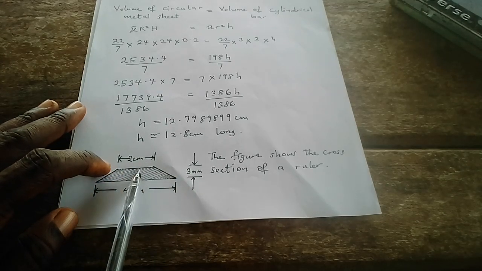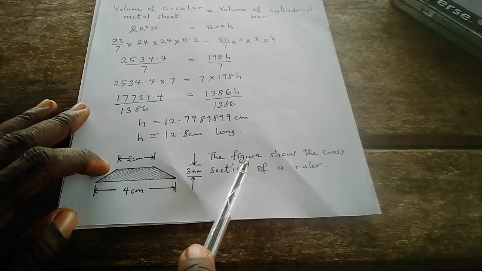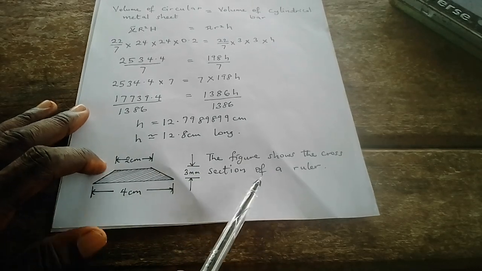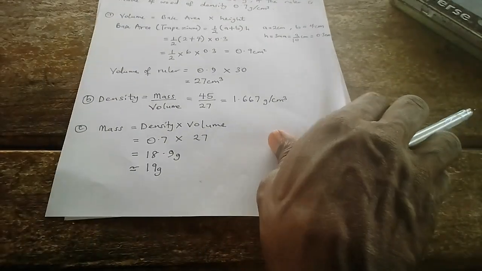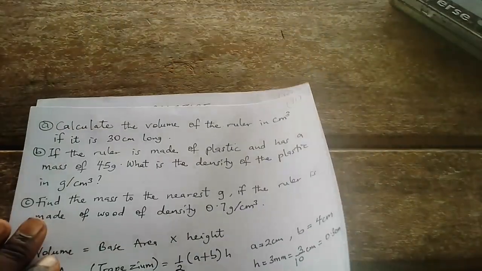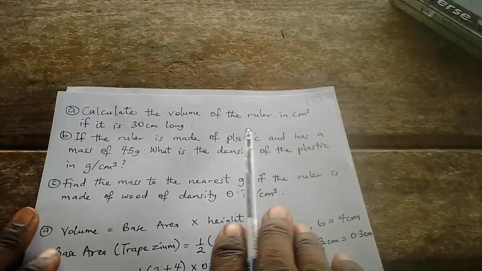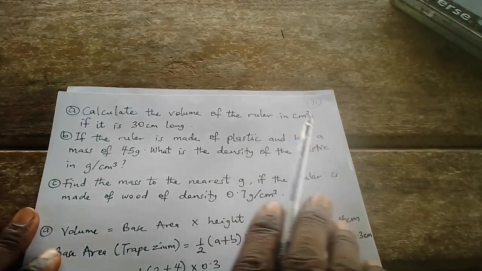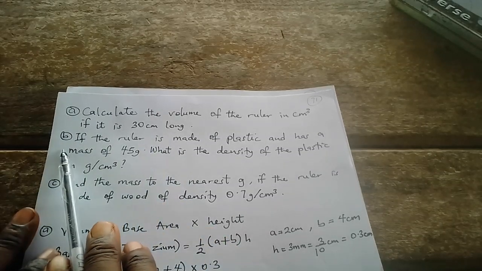Then this is the vertical, which is 3 millimeter. The figure shows the cross section of a ruler. So they now say A, calculate the volume of the ruler in centimeter cube if it is 30 centimeter long.